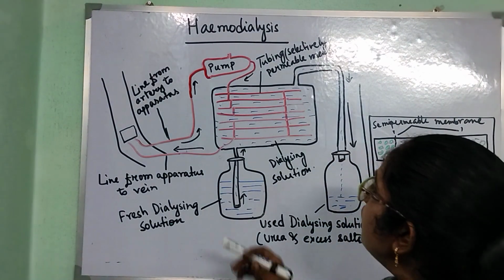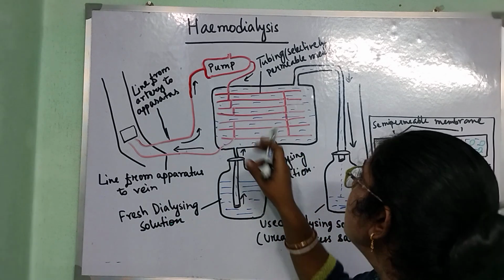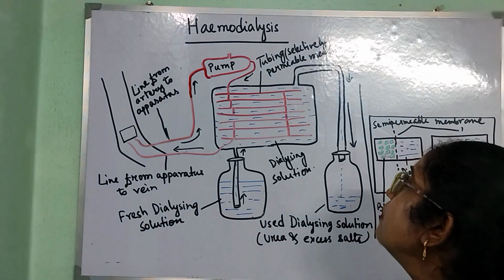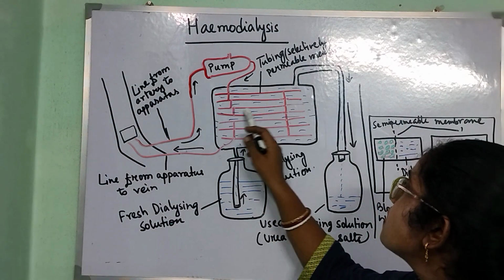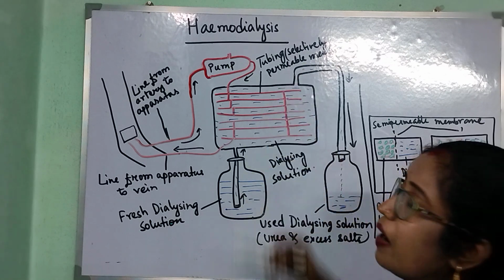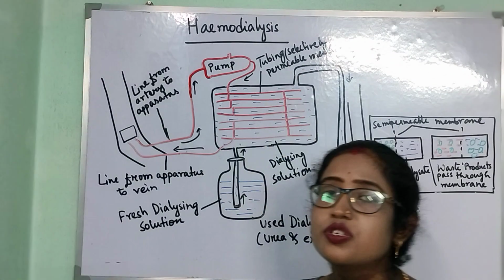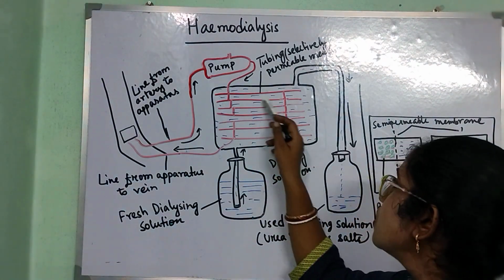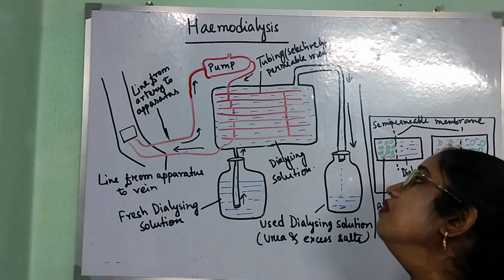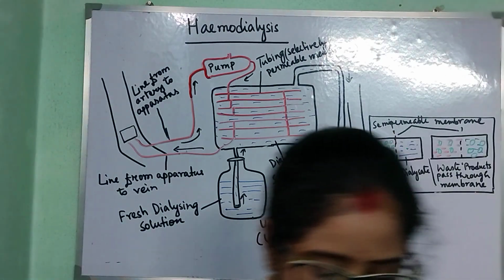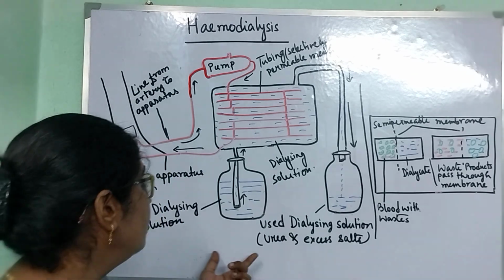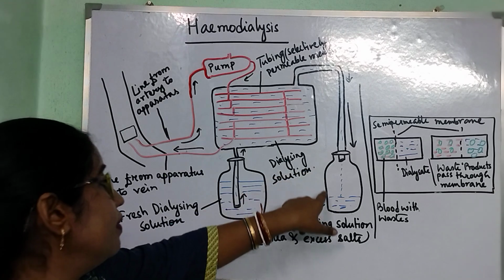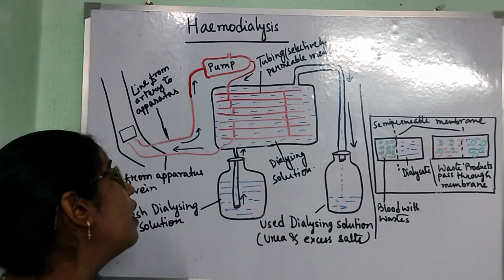The apparatus contains a semi-permeable, or selectively permeable, membrane. The tubes lining this apparatus have the selectively permeable membrane, from where the waste materials can enter into the dialyzing solution via the diffusion process. In this portion, two containers of solutions are included.